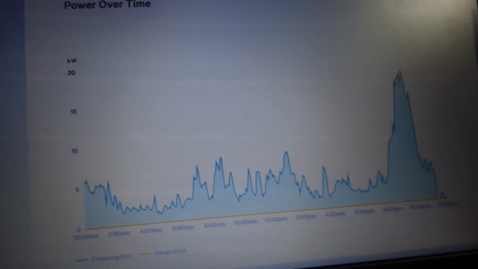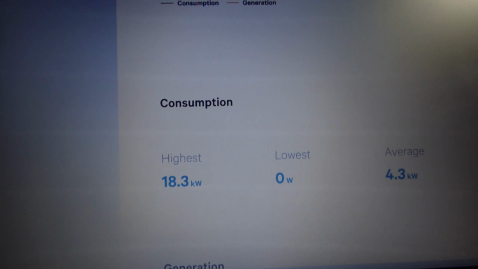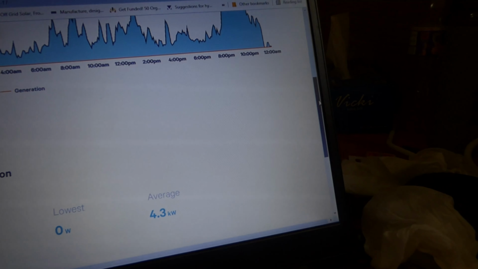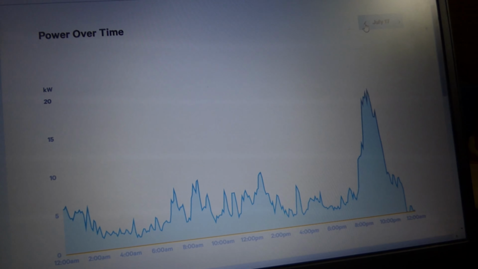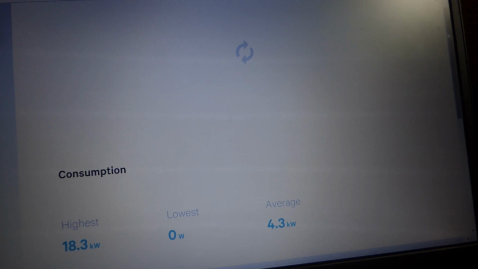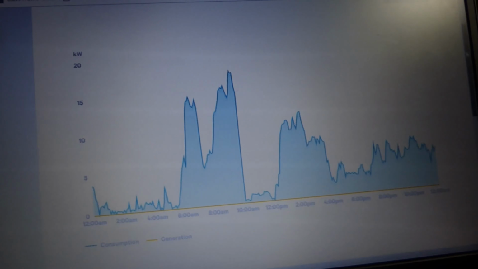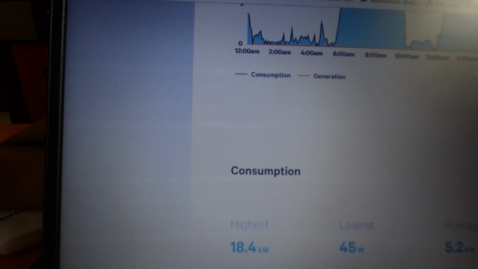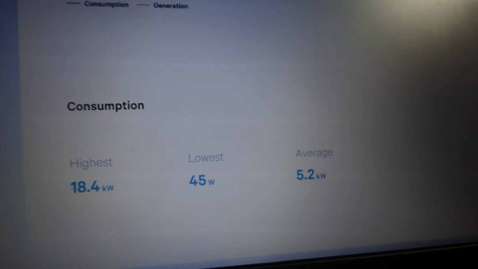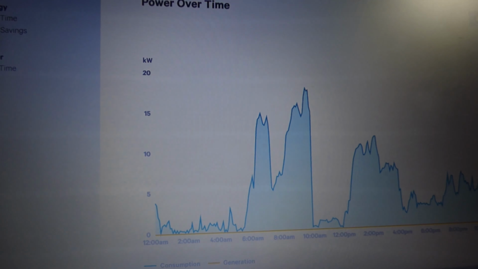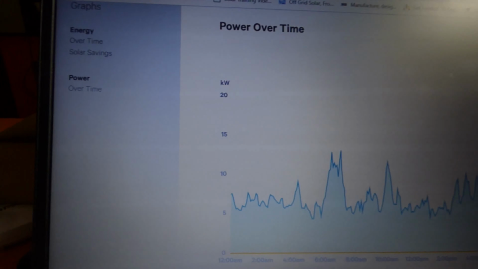On July 17th, the highest number was 18.3, and the average 4.3 kilowatts in consumption. July 16, 18.4, the average 5.2 kilowatts, and on.